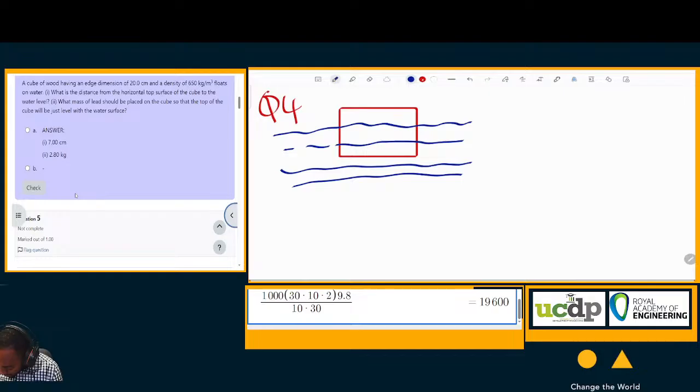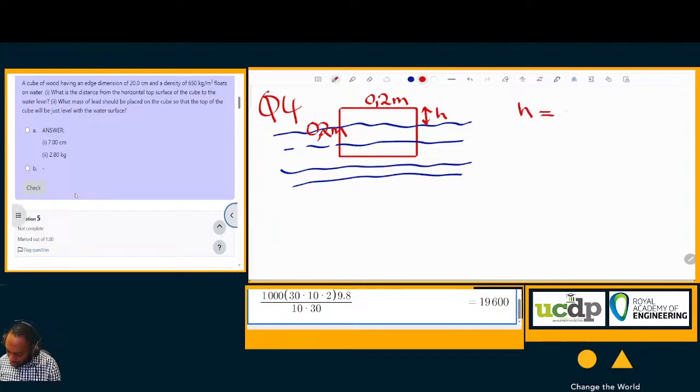Right, so it's partially immersed and you've got a distance h protruding there, and the sides are 20 centimeters, which is 0.2 meters, and here's 0.2 meters as well. So this height unknown there becomes h.